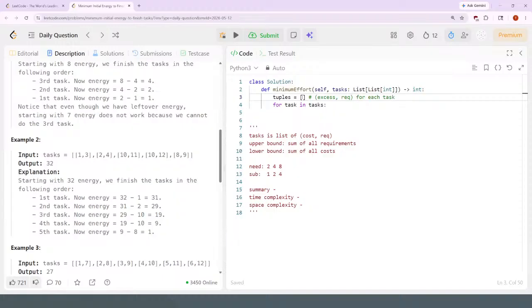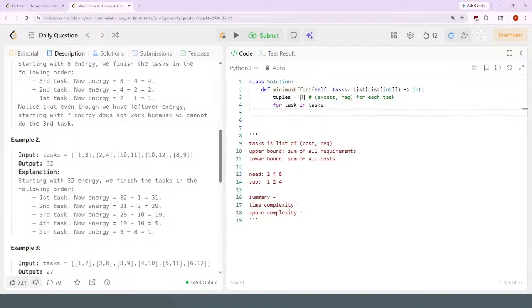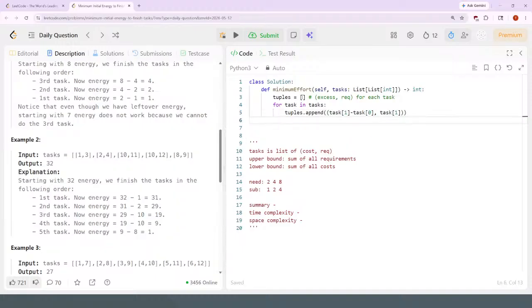Okay. Excess and requirement. So tuples dot append, say the tuple that is task requirement, which is index 1, minus task cost, comma task requirement. And then I think I want to sort.